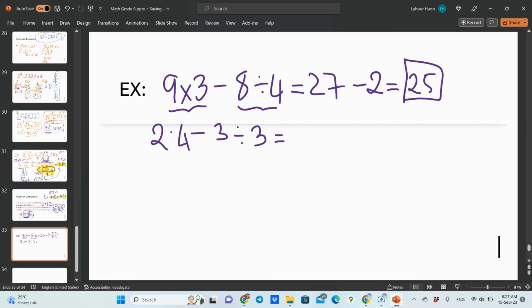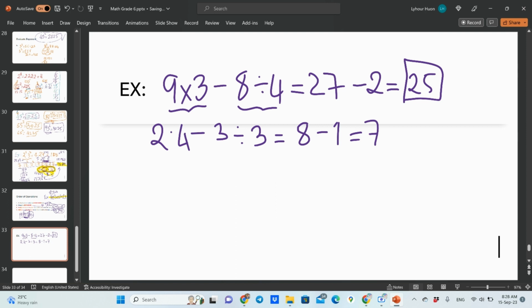Wait, what does the dot mean? It means 2 multiplied by 4 minus 3 divided by 3, which is 1, equal to 7.